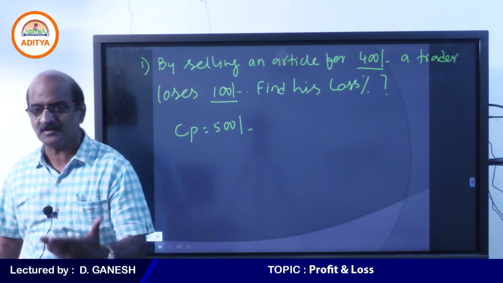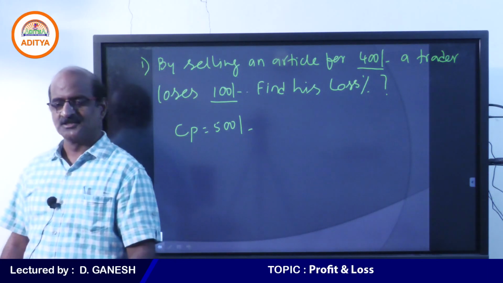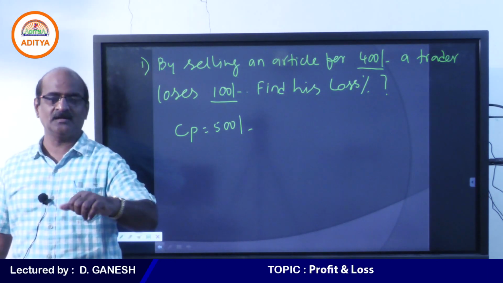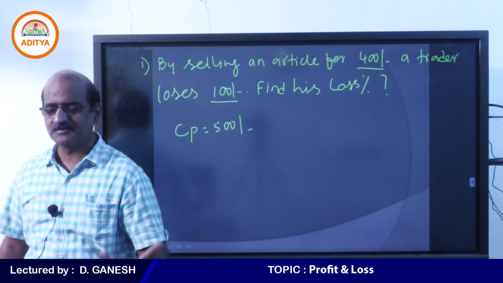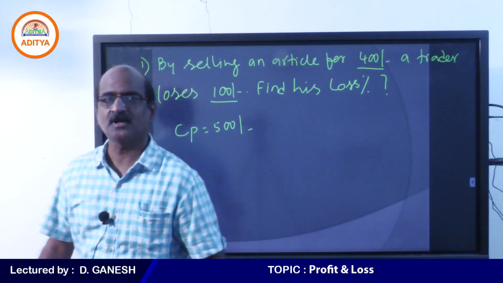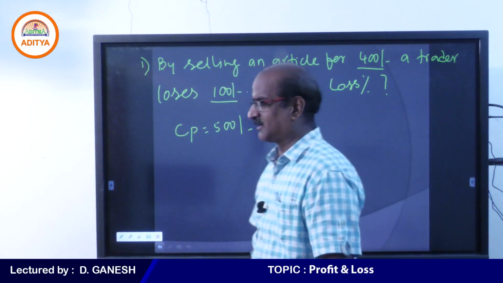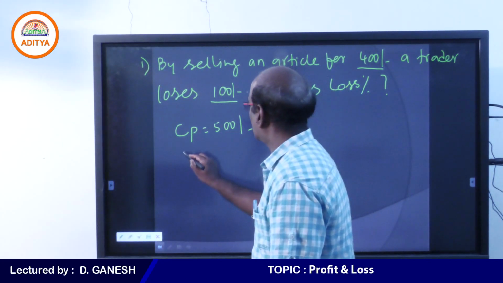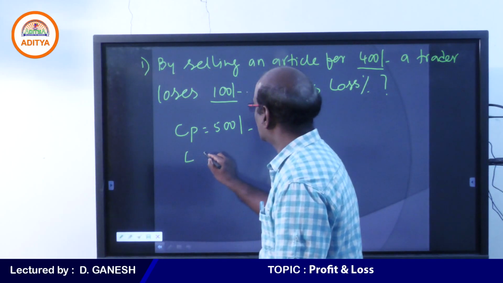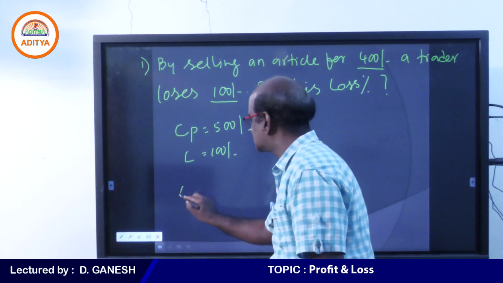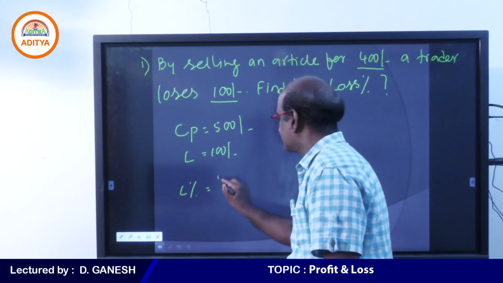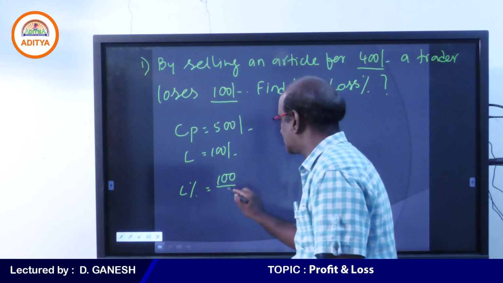Selling price is given, but we need to have the cost price. So when you are selling for 400, you are getting a loss of 100, which means your cost price must be 500. Therefore cost price is 500 and the loss is given as 100, and hence the loss percent should be answered something like this.